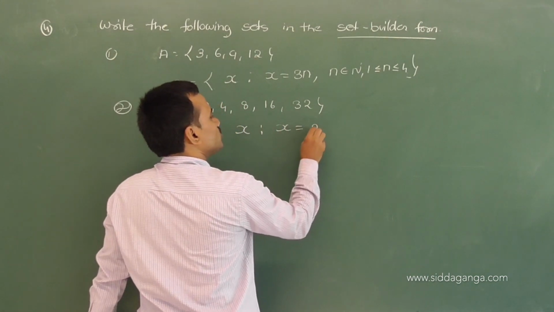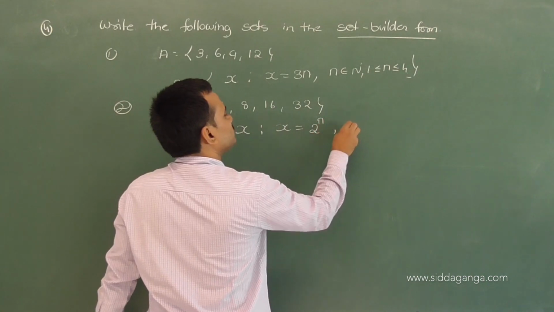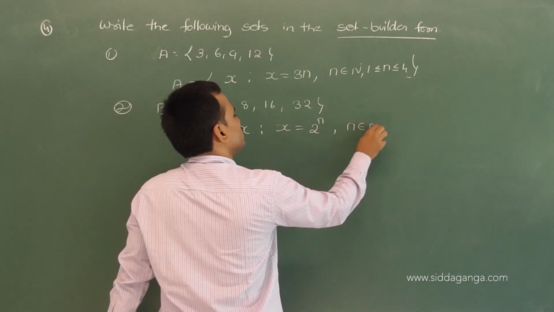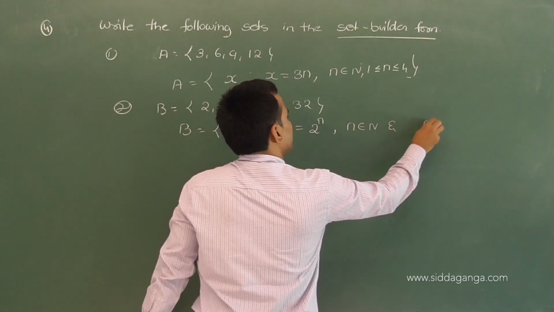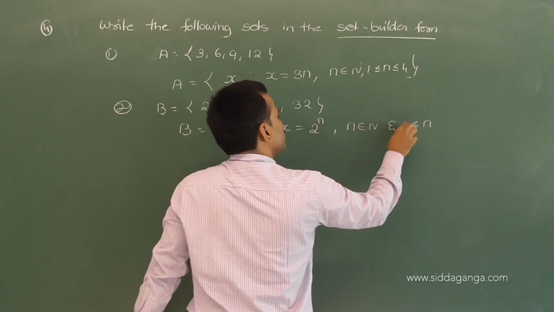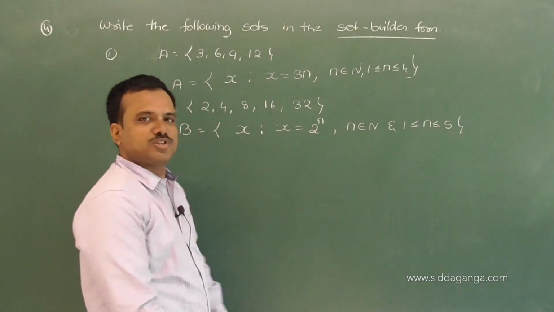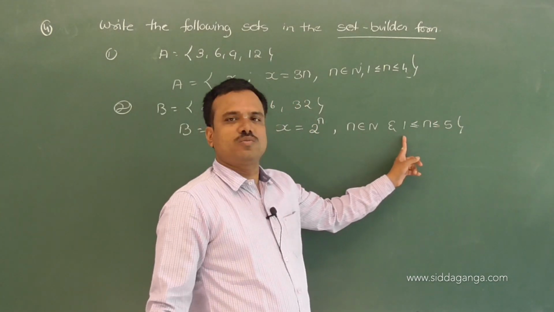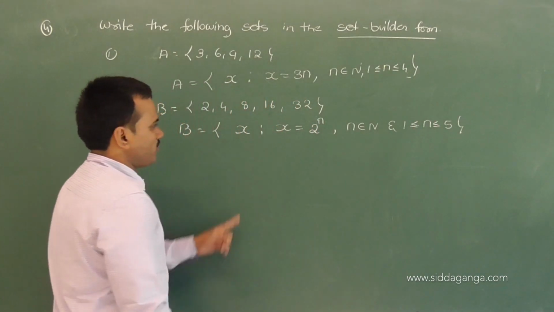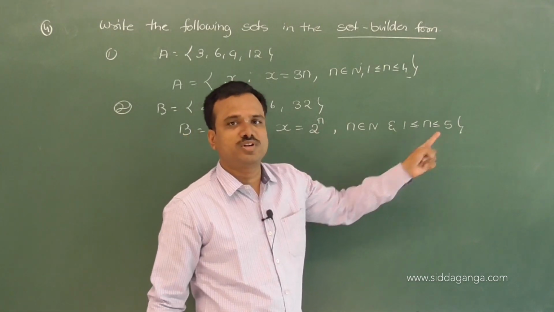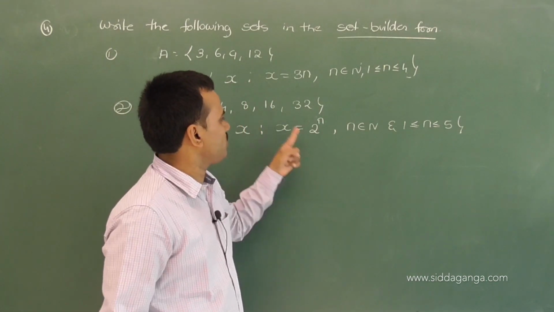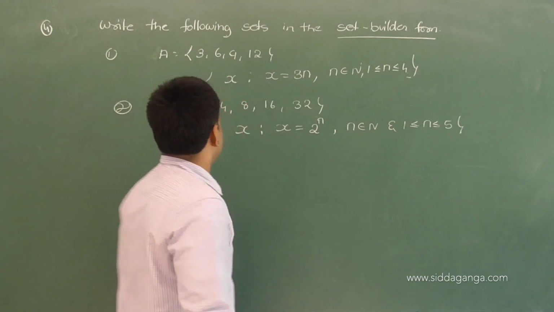So 2 to the power n, n belongs to N and n must be greater than or equal to 1, less than or equal to 5. We write it in the set builder form. This is the tabular form and this is the set builder form.